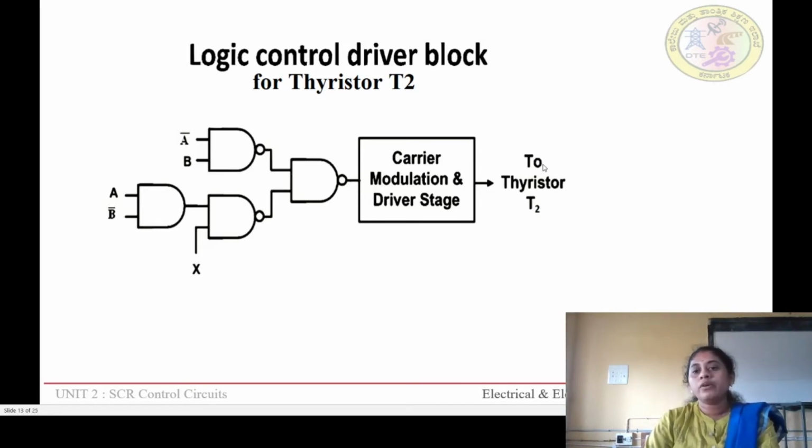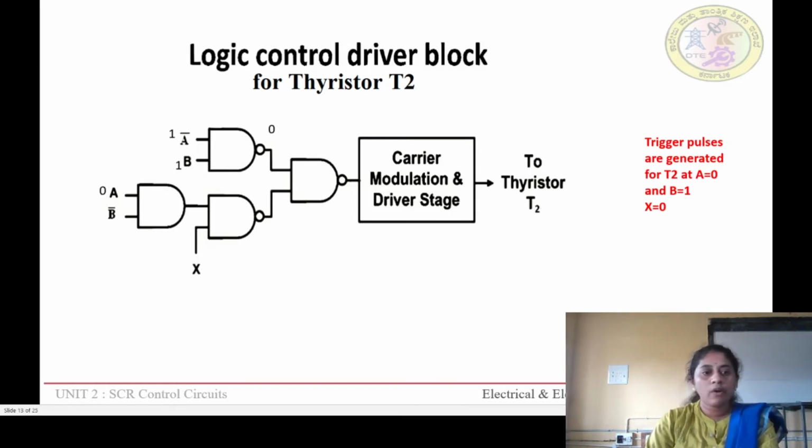Here, for thyristor T2 to receive triggering pulses, the value of A is equal to 0 and the value of B should be equal to 1 and the value of X is assumed to be 0. Now if the value of A is 0, then A bar will be 1, B is 1, then the output of the NAND gate is 0.